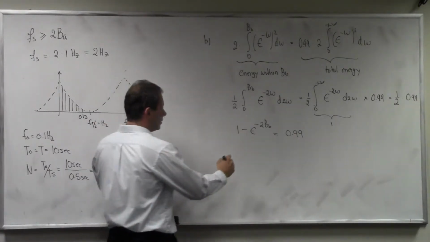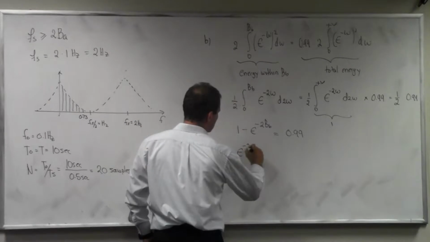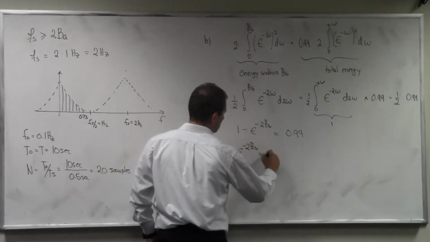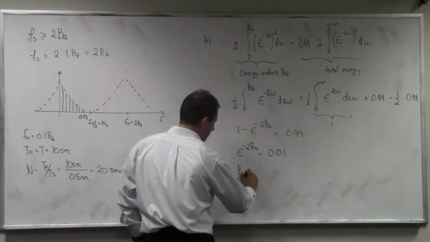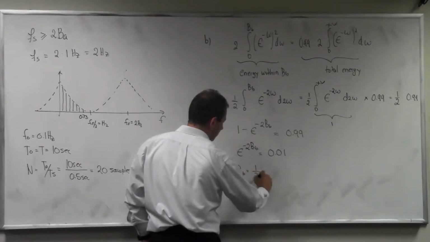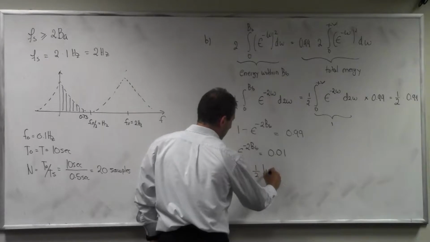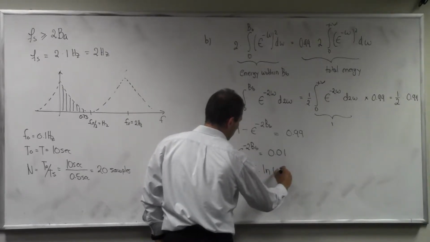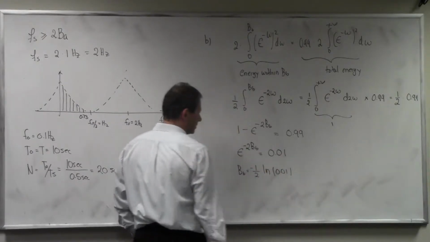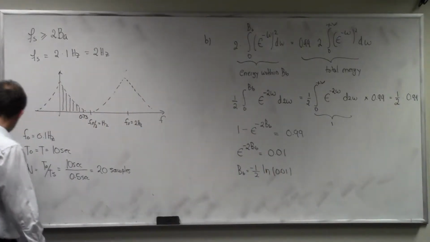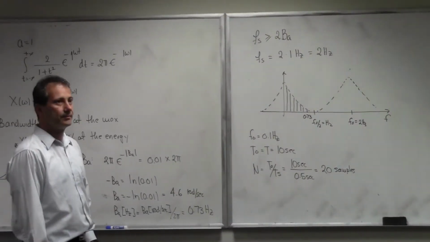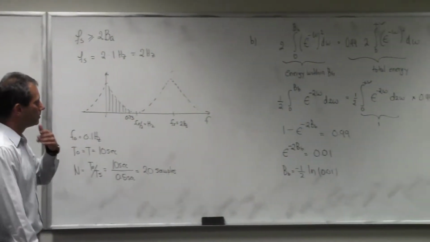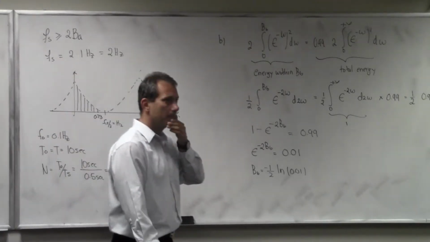And then from here, you can easily say e to the minus 2B is equal to 0.01, or B is equal to 1/2 of ln of 0.01, and probably with a minus. So it's 1/2 of this. And then you can continue the same way. Okay?